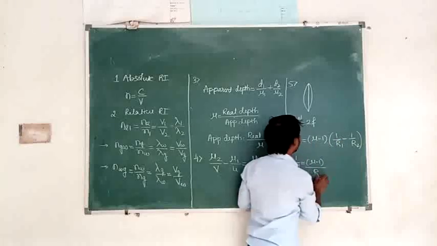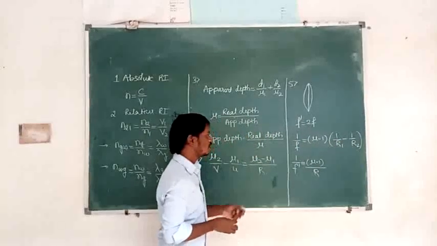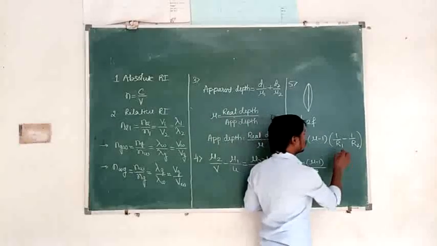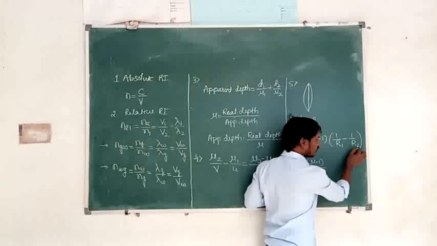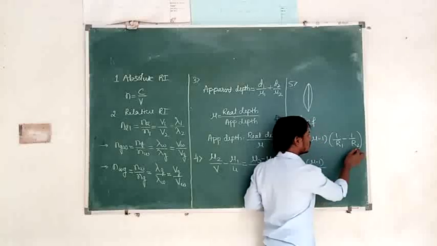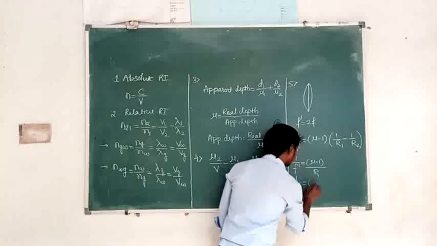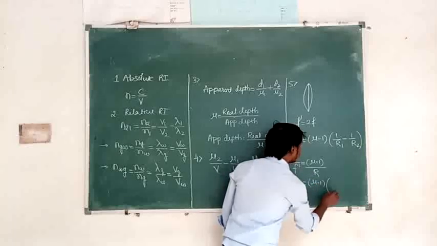1 by r. Okay. Now, if both plano convex lenses have the same radius of curvature, this can be written as 1 by f is equal to mu minus 1 into 2 by r.